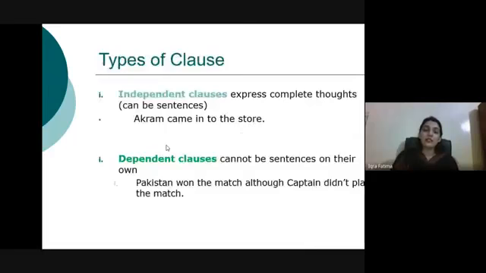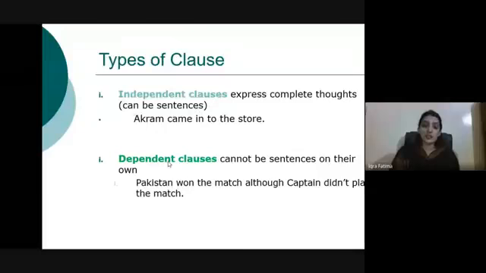As we talked about the types of phrases, now we will talk about the types of clauses. Two major types of clauses are independent clauses, which are also called simple sentences, which have a subject and verb in them.